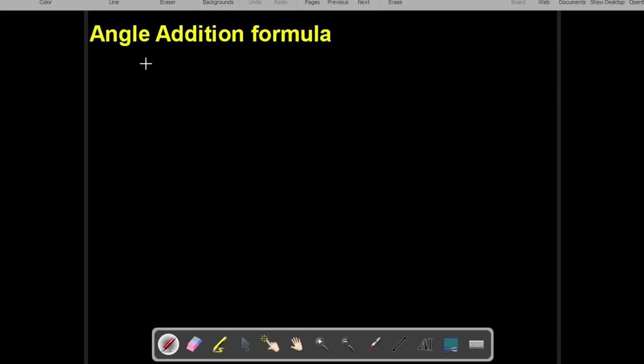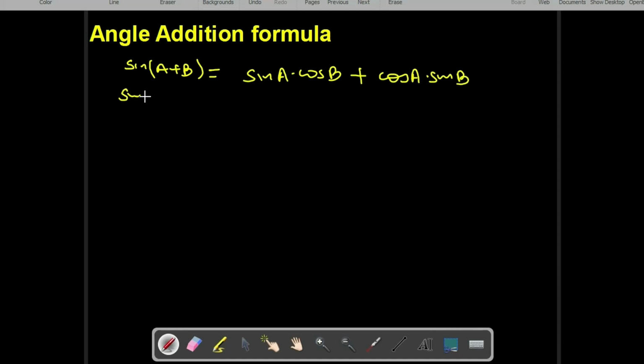Suppose, as an example, angle addition is like sine A plus B. I'm just taking one example: sine A plus B is equal to sine A into cos B plus cos A into sine B. Now let's take sine 2 theta. If I say 2 theta, that means sine A plus A, that is theta plus theta, correct? Put it here and check. Sine theta into cos theta plus cos theta into sine theta.